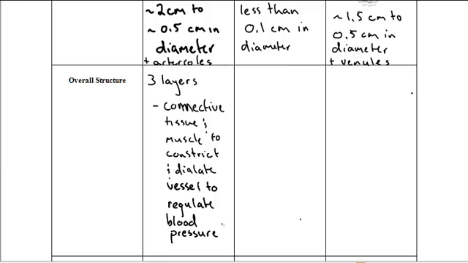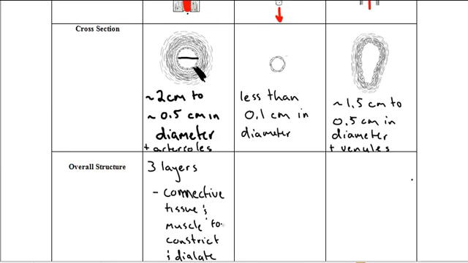In contrast, if we look at the capillary, this actually represents a single cell slightly overlapping with another single cell all the way around. So it is actually made up of one layer of single cells.